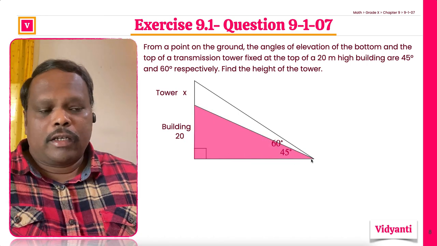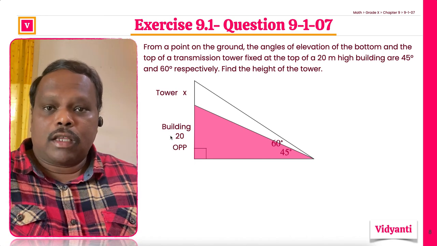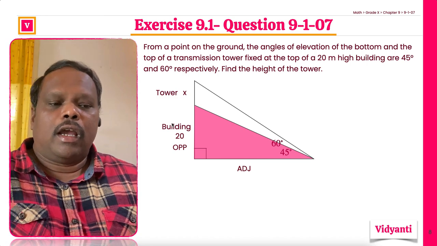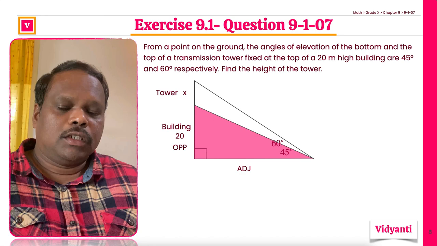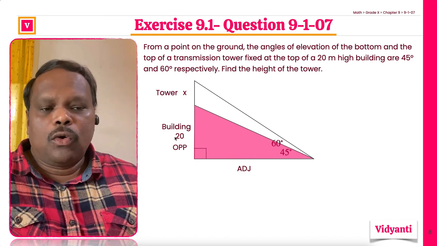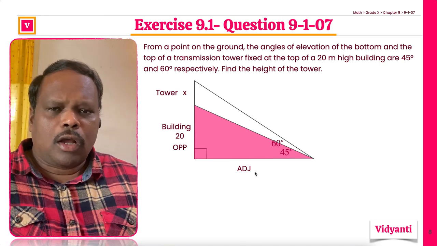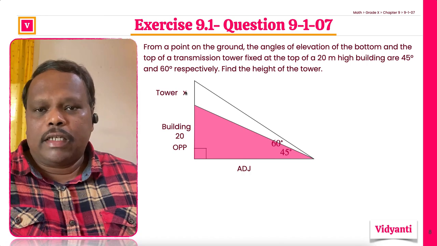And for the smaller triangle, the angle is 45 degrees. The building itself is the opposite side because it's directly facing this 45 degrees. And the distance along the ground is adjacent, which is unknown for the time being. We are trying to correlate opposite and adjacent, which is unknown. So now you will ask me a question, but wait, the unknown is right here.